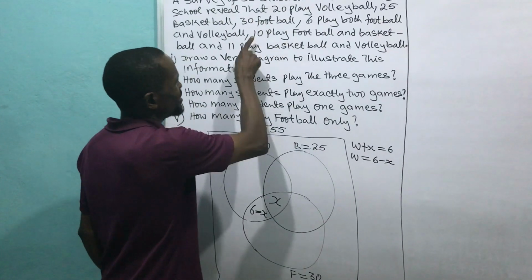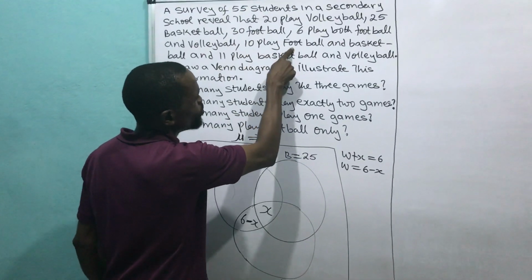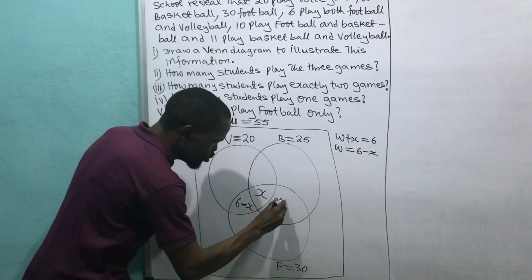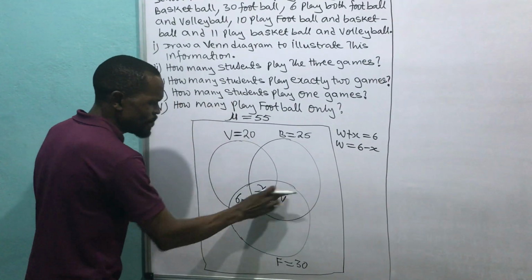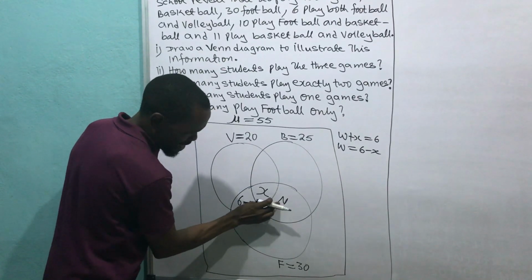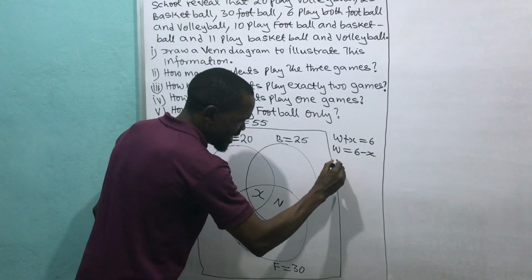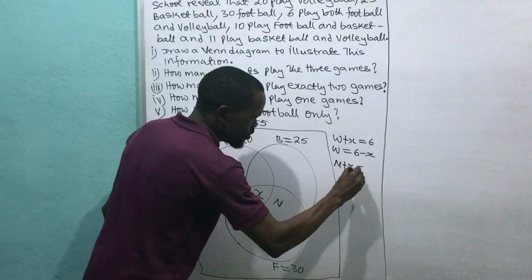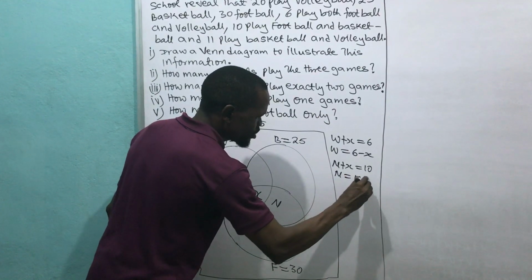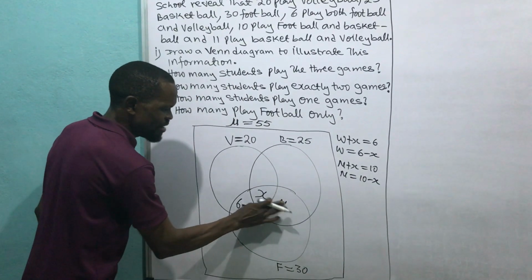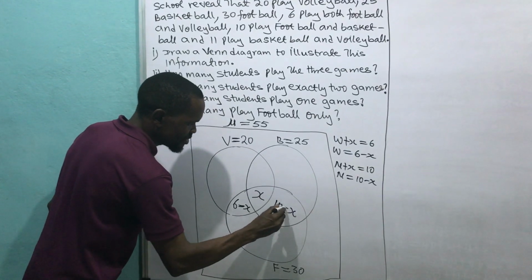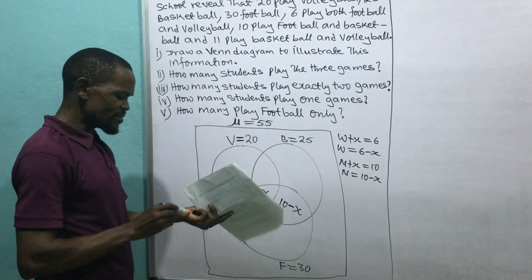If I use N to represent the people that play football and basketball only, then N plus X is equal to 10. Therefore N is equal to 10 minus X. That means my value here should be 10 minus X. Do you get what I'm saying?